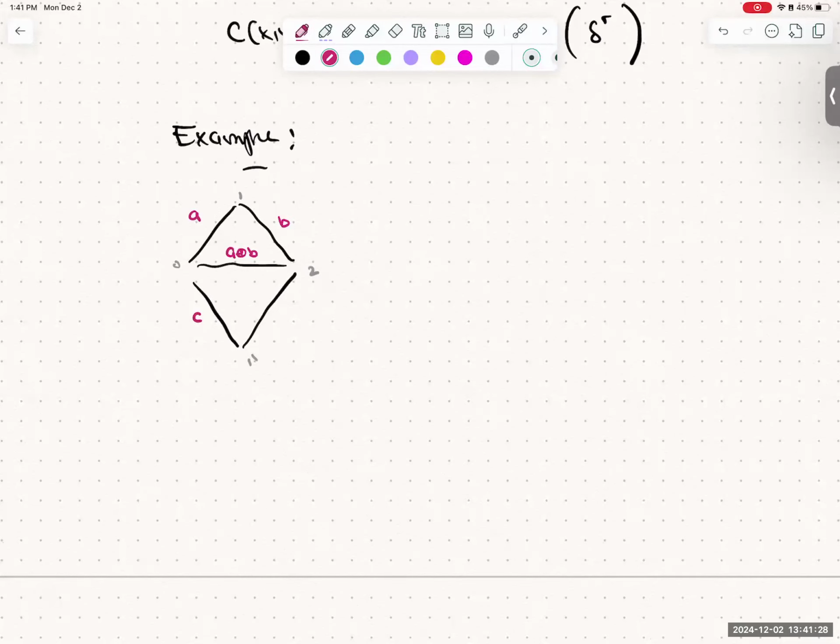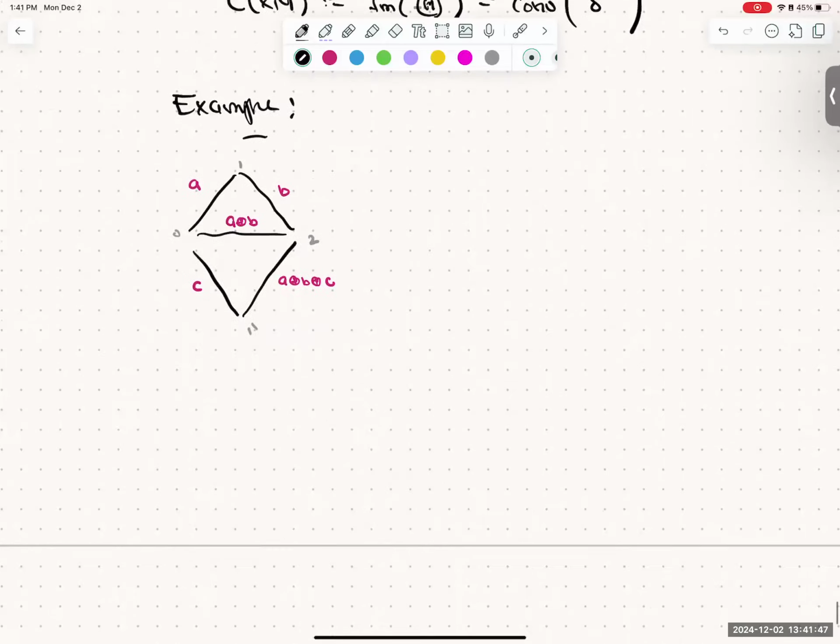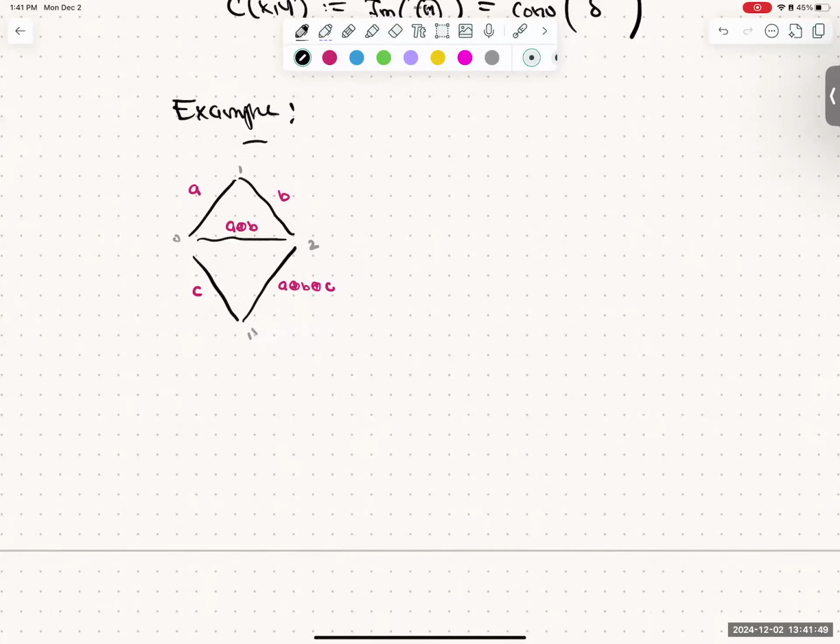If I pick another edge to assign a bit to, then this one is determined by this. So there are 3 possible distinct bits that I can put on these edges, so there are going to be 8 possible outcomes.